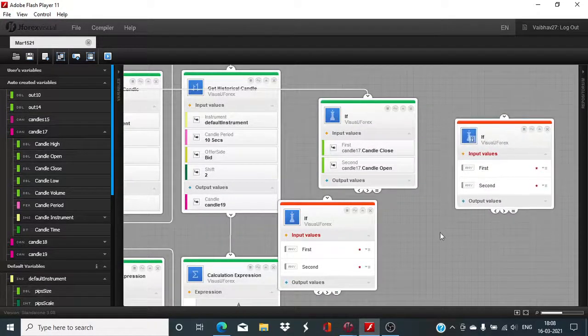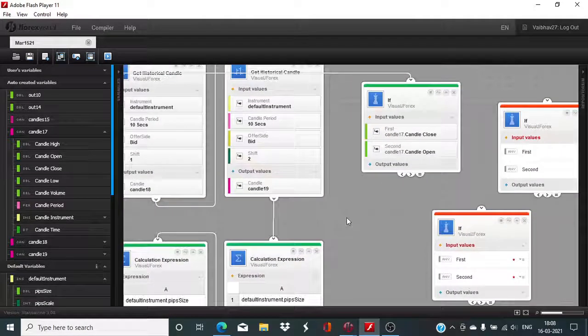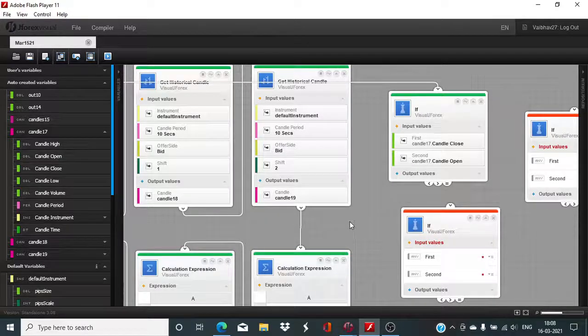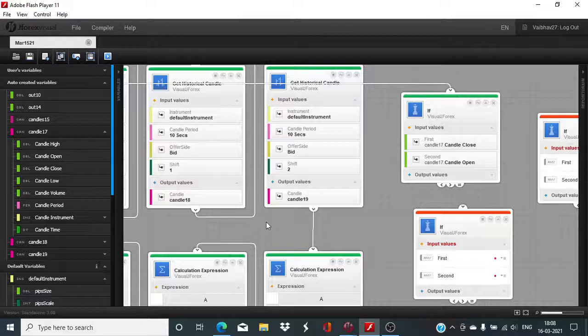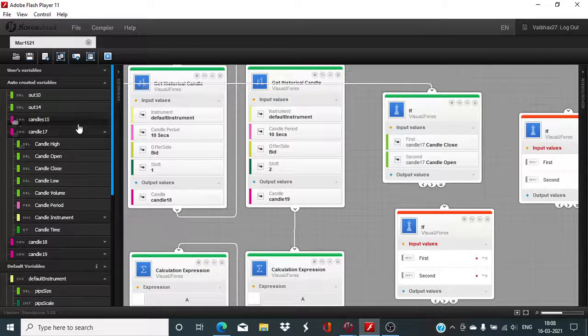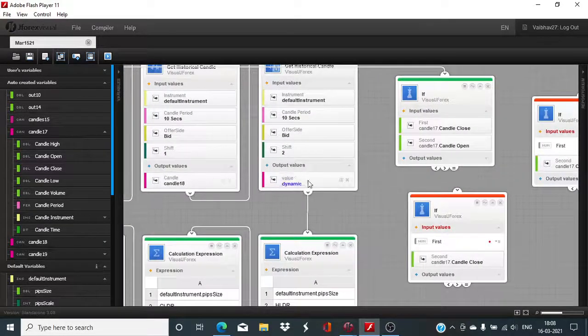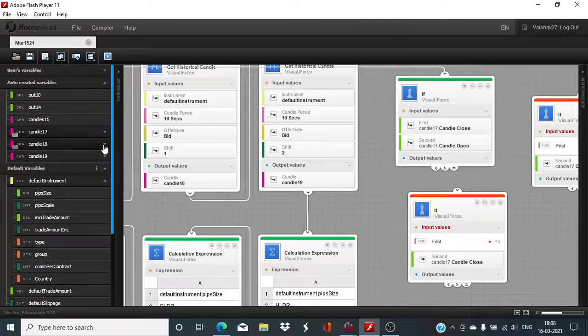Then comes the moment of defining the exact execution point, and for that we will be utilizing this 10 seconds candle. Whenever price starts to rise above the last hourly candle close, we want the trade to be initiated, and for that we will need candle 17's closing value and compare it with candle 18 and candle 19's closing values.